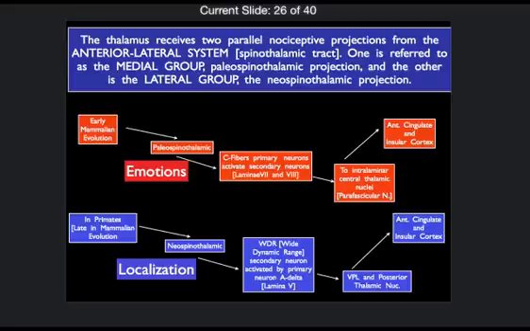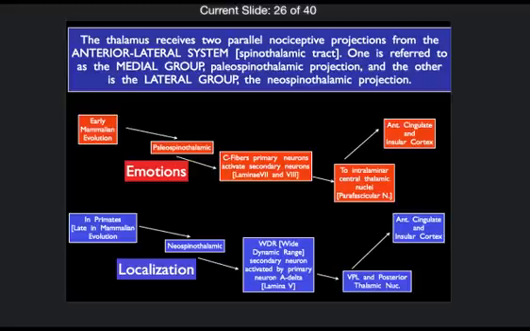The older system is the paleospinothalamic, and it's involved more with the emotions. So emotions to pain preceded localization. And it is predominantly the C fiber primary neurons activating secondary neurons in lamina 7 and 8.